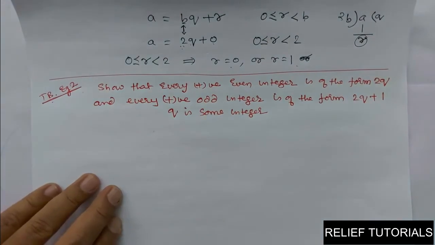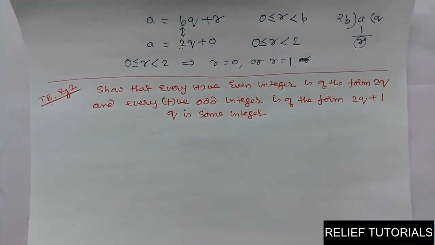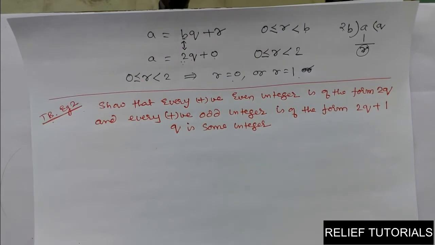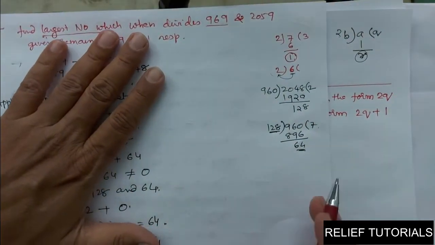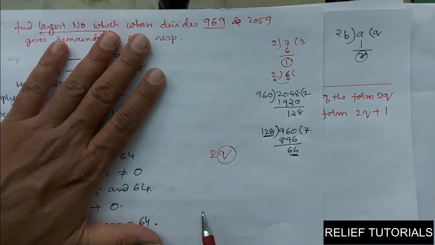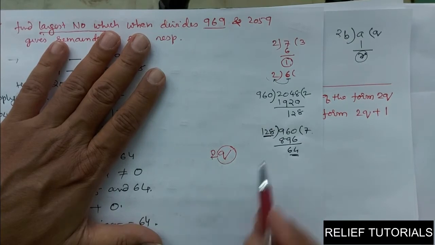Textbook example 2. First of all, try to understand this. What does it say? You know that any 2q is an even number. q is any integer, and if you multiply any integer by 2, you will get an even number.